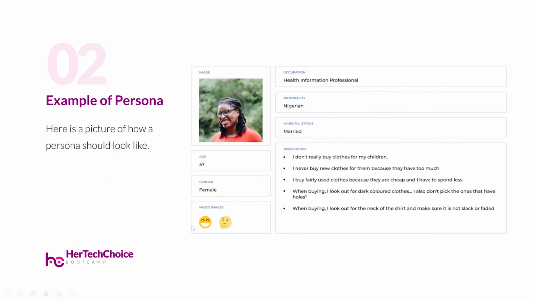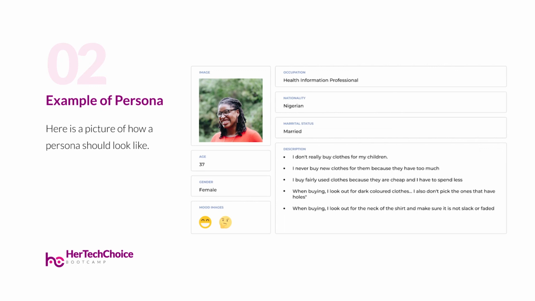So here is an example of how a persona should look. This is a picture, a generic picture. You can use generic pictures, it's just for identity. We gave her an age of 37 because she falls in between our target audience, and she's female because a male can't be a mother.